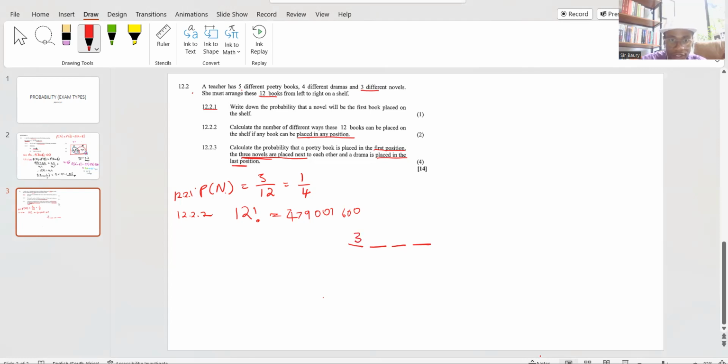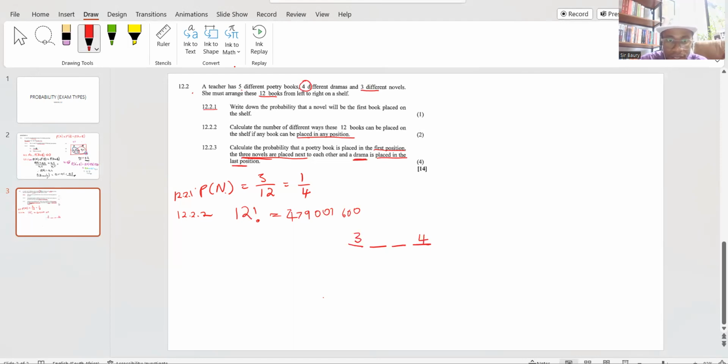Then the last position should be drama. So drama, I know drama books are 5. There are 5 different drama books. Oh, this is poetry. So drama, we have 4. So this will be 4.